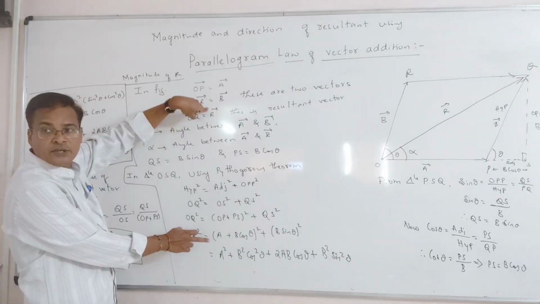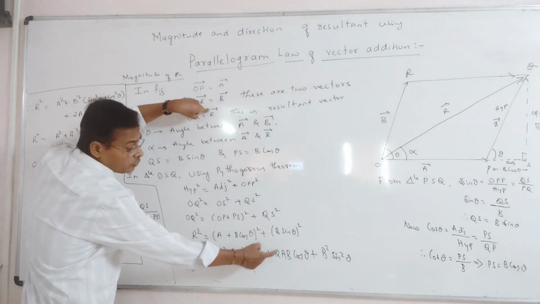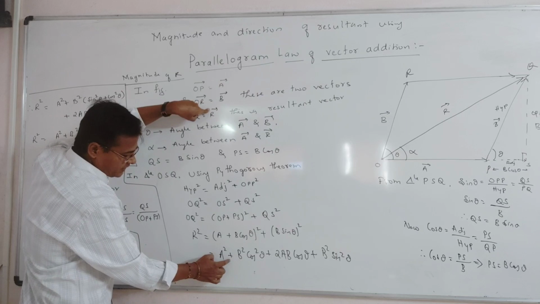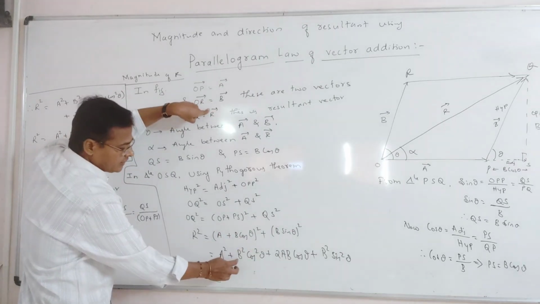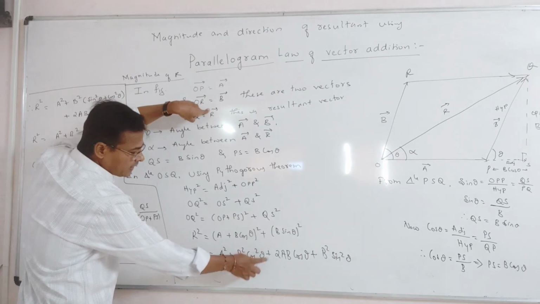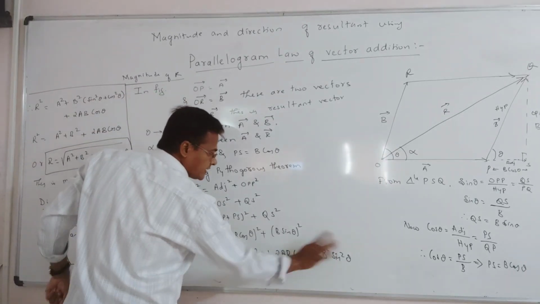So using the formula for A plus B whole square, A square plus B square plus 2AB, this gives A square plus B square cos square theta plus 2AB cos theta plus B square sin square theta.